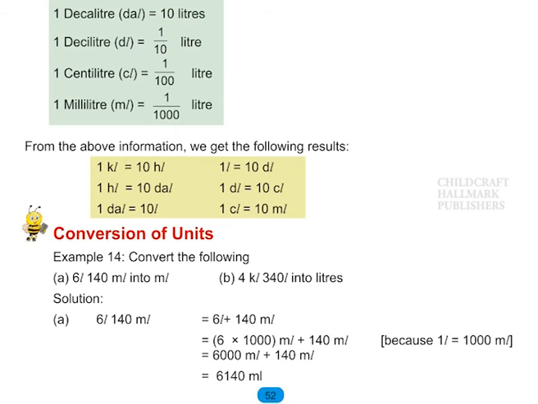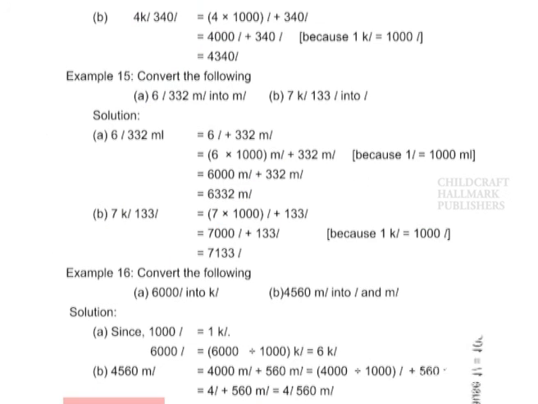Solution: 6 liter 140 milliliter is equal to 6 liter plus 140 milliliter, which is 6 into 1000 milliliter plus 140 milliliter, which is 6000 milliliters plus 140 milliliters, which is 6140 milliliters. 4 kiloliters and 340 liters is equal to 4 into 1000 liters plus 340 liters, which is 4000 liters plus 340 liters, which is 4340 liters.